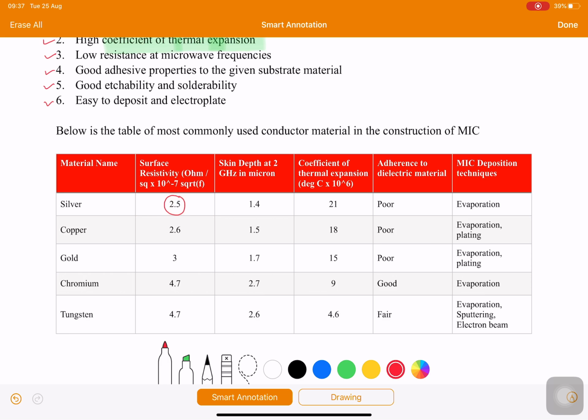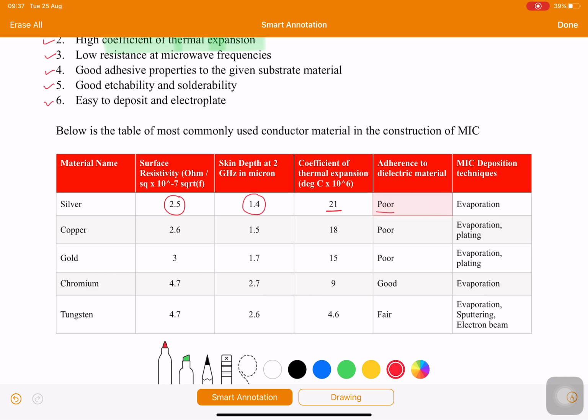Similarly, the skin depth provided by silver is the best among all the elements. But the thermal expansion coefficient, if we note down over here, is 21, and the adherence to the dielectric material is very poor.